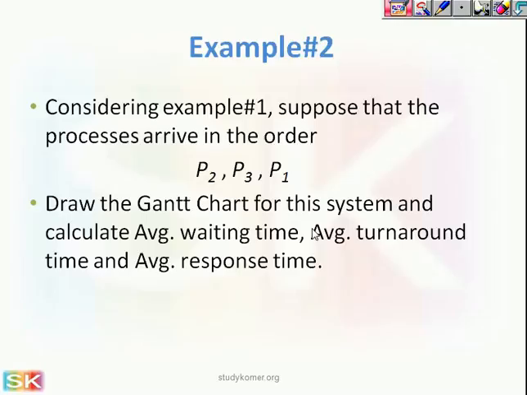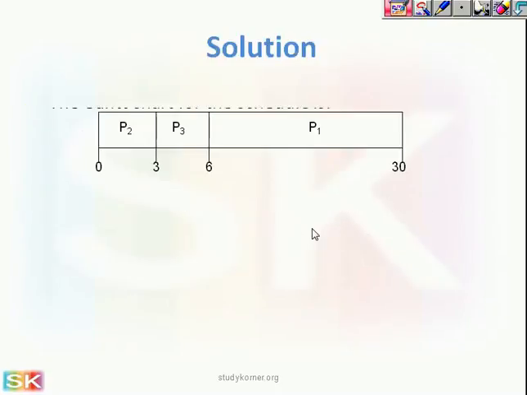So this time their order has been changed. Again we have not given the arrival time values, so we are considering that they are arriving at almost time 0. Draw the Gantt chart for this system and calculate average waiting time, average turnaround time and average response time.